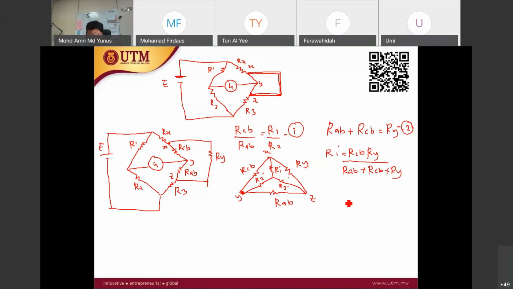From the two relationships, RAB plus RCB is equivalent to RY, so we can write RCB multiplied with RY divided by 2 RY. This is R1 prime, the conversion between delta to star.